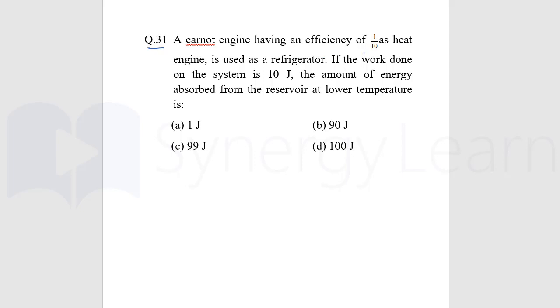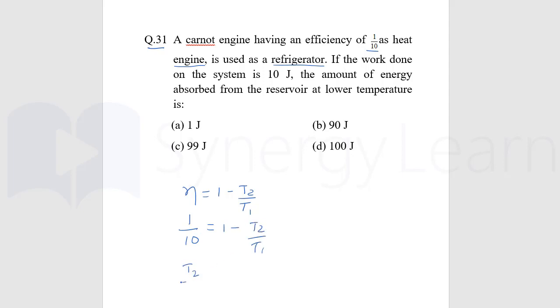A Carnot engine having efficiency of 1/10 as heat engine is used as a refrigerator. So in a Carnot engine, efficiency is given by 1 minus T2 by T1. So the efficiency which is given as 1/10 is 1 minus T2 by T1.